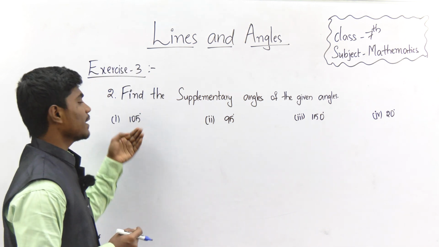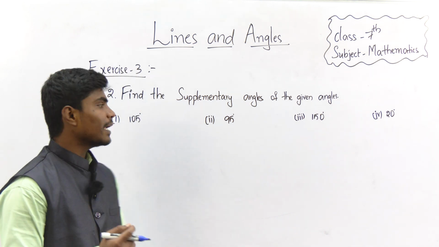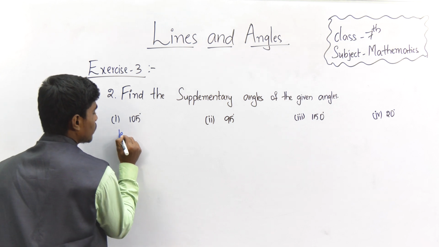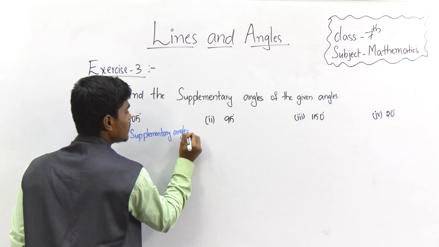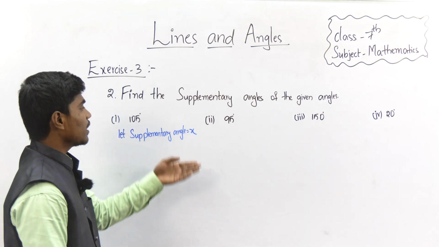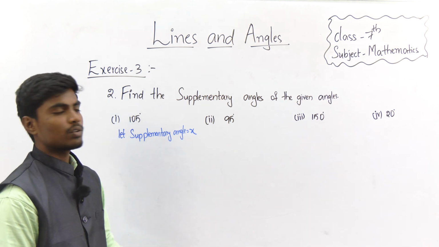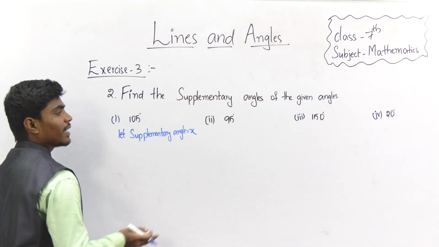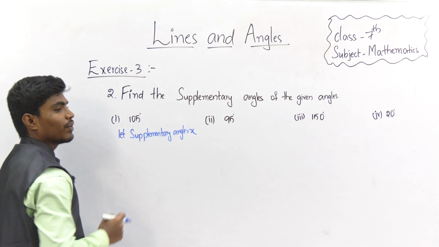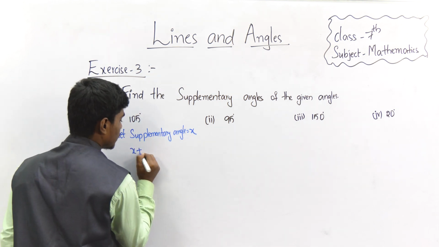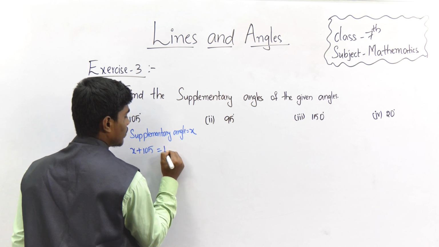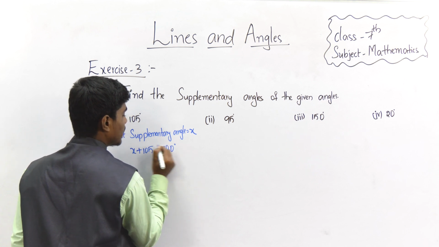Here one angle is 105 degrees. Let the supplementary angle be x. The sum of the two angles, x plus 105, should be equal to 180. So x plus 105 equals 180 degrees.